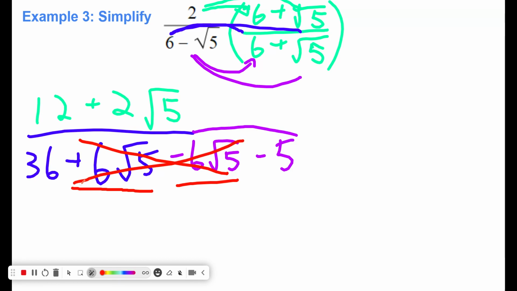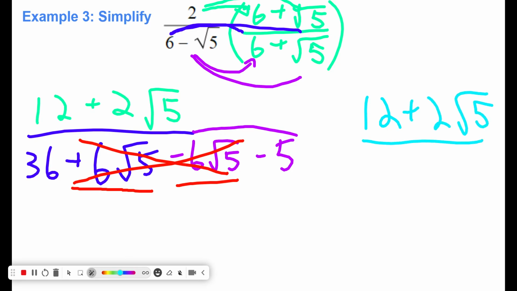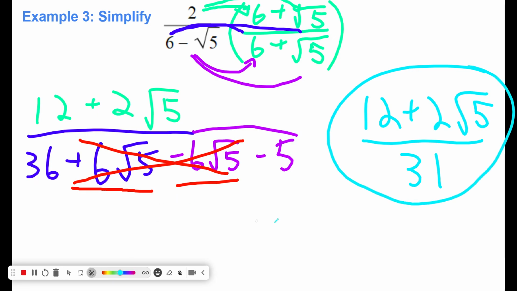Those are going to cancel out very nicely. And 36 minus 5 is going to leave us with 31. So my final answer here is going to be 12 plus 2 times the square root of 5, over 31. That cannot be simplified anymore. There aren't any radicals in the denominator, so we have simplified this to the furthest point.